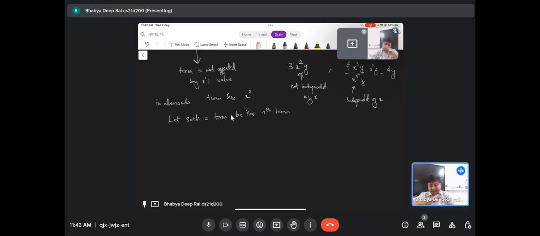Okay, good. If it is the rth term, we know the formula for it. Then the rth term, my formula is nothing but n choose r minus 1 times x to the n minus r minus 1 times y to the r minus 1. Okay, but we don't know r yet, we want to find the r.